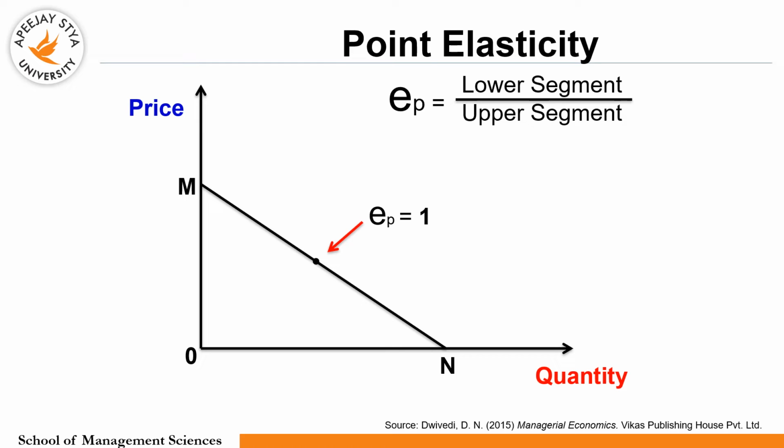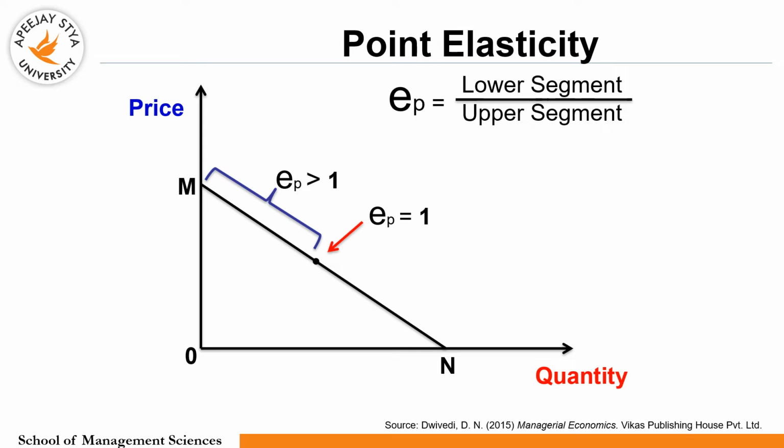At the midpoint of this demand curve MN, the value of elasticity will be equal to 1. Any point towards point M from this point, if you calculate the price elasticity of demand using the formula lower segment by upper segment, the value will be greater than 1.